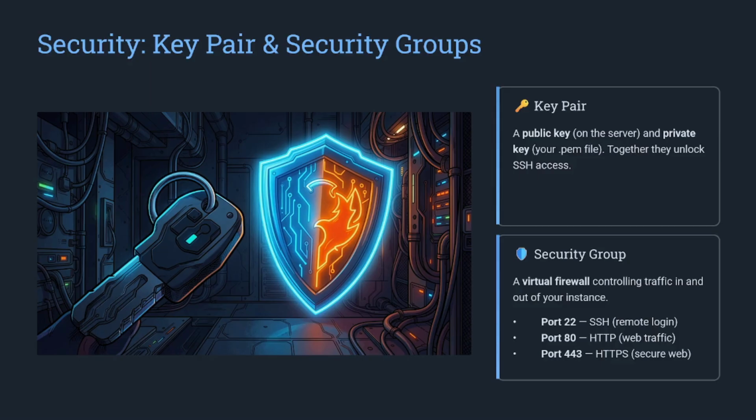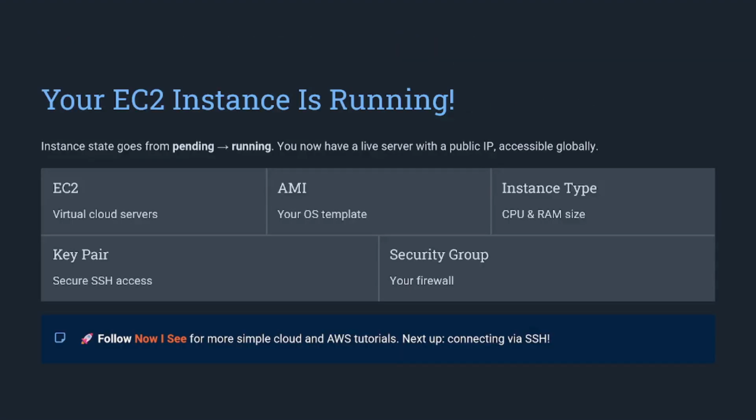These act like a virtual firewall controlling who can access your server. For example, Port 22 allows SSH login. Port 80 allows websites. Port 443 handles secure HTTPS traffic. So, security groups basically protect your cloud server from unwanted access.